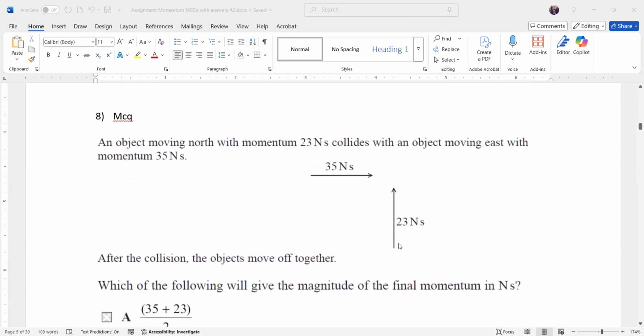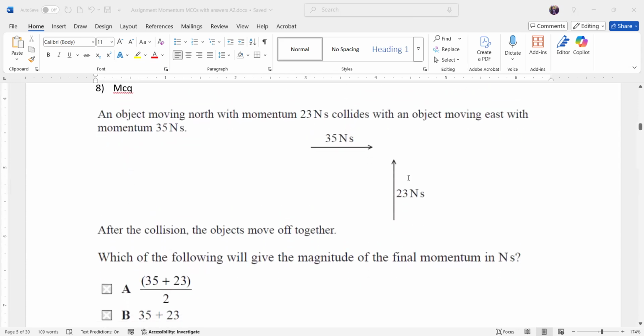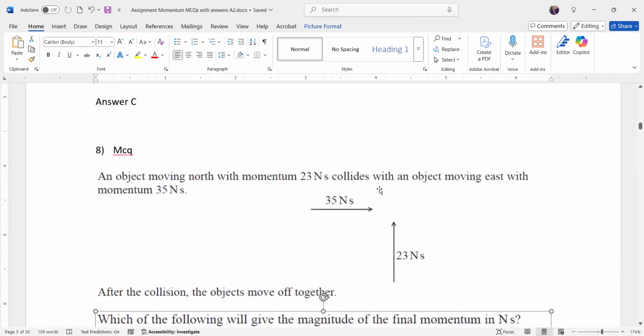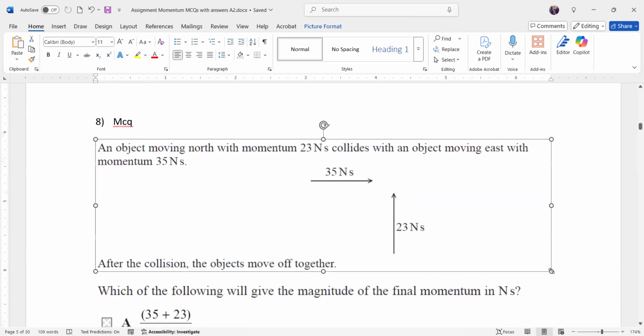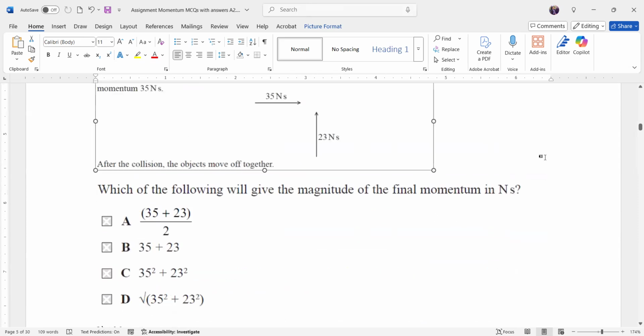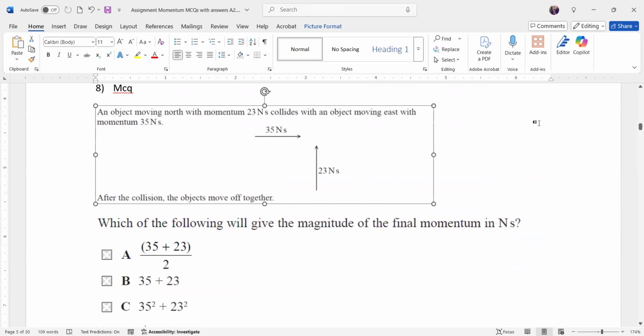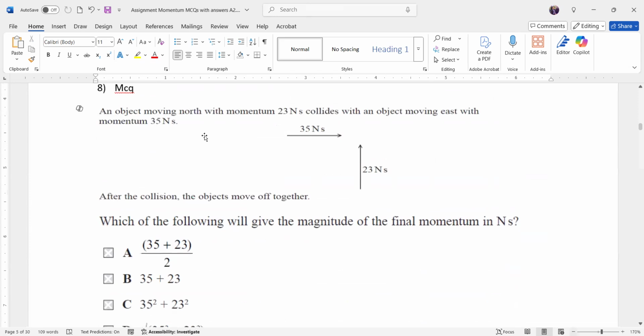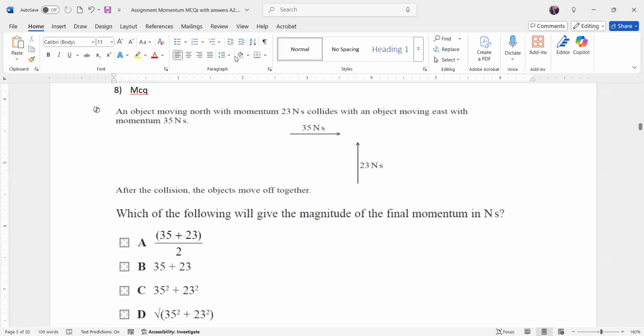The next we have the question: an object moving north with a momentum of 23 collides with an object moving east with a momentum of 35.